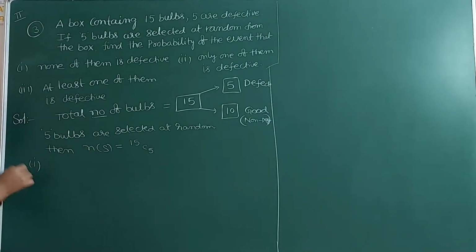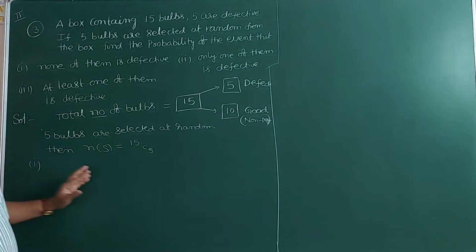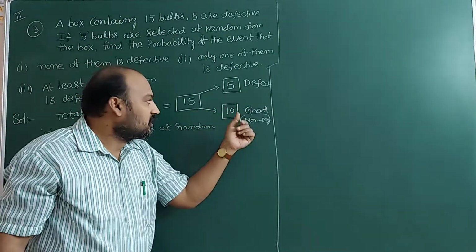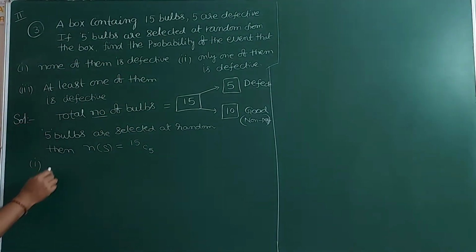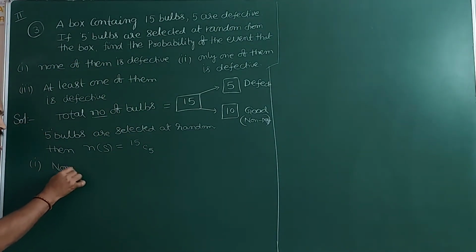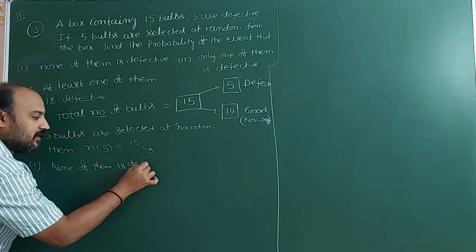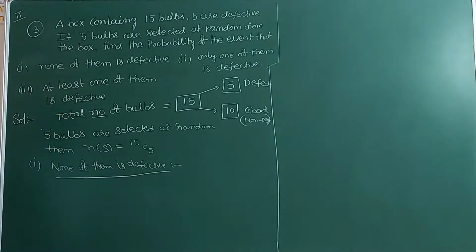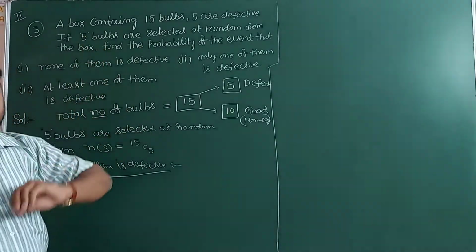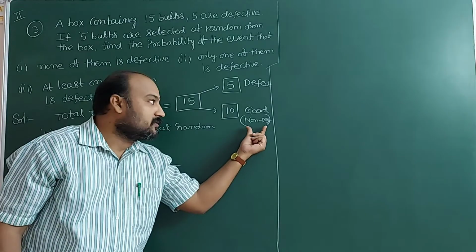Now come to question number 1: none of them is defective. None of them defective means all are good bulbs. We need to select 5 bulbs, and the good bulbs number 10.